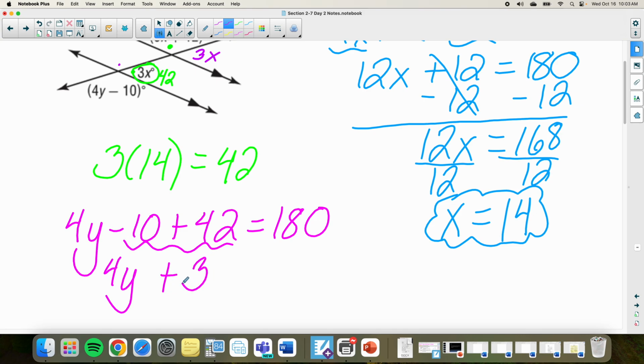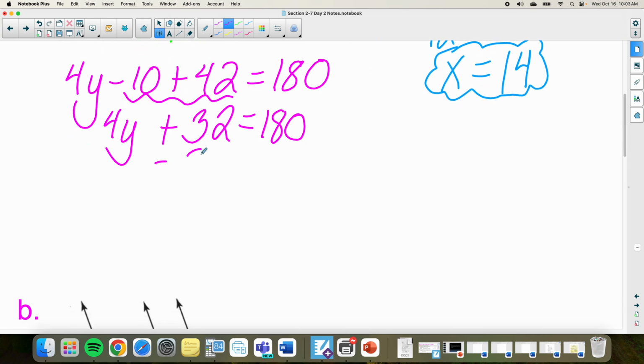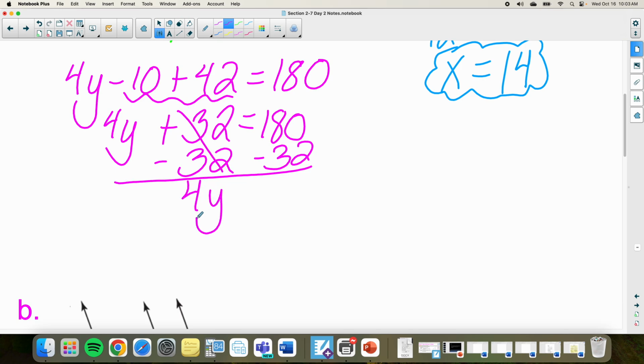So I'm going to add 32, equals 180. Okay. Then I'm going to subtract 32. And I get 4y equals 148. Okay. Divide by 4. And y is, let's see, I believe that would be 37.